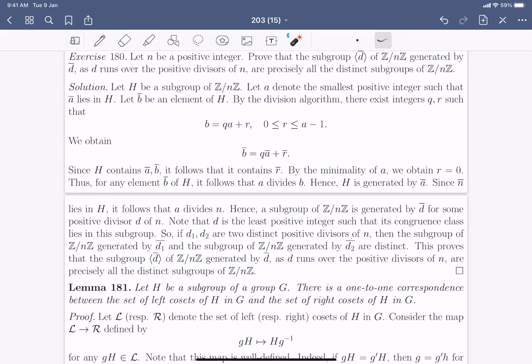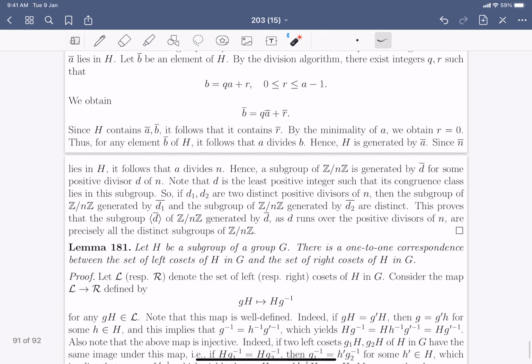So the integer a that you have chosen is a divisor of n, and the subgroup H of Z mod nZ is generated by d bar for some positive divisor d of n. Here d is characterized by the property that it is the least positive integer such that its congruence class lies inside this subgroup H.